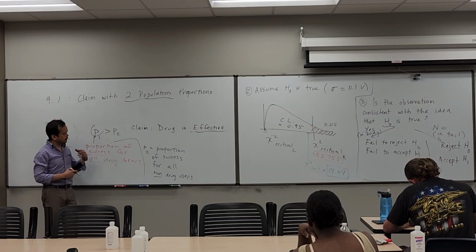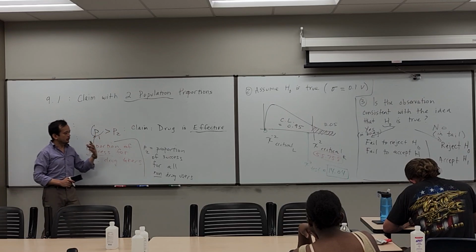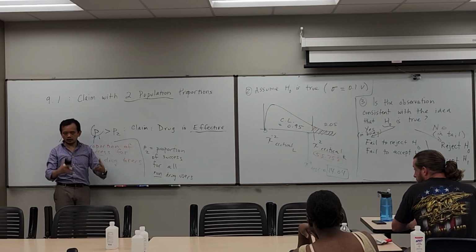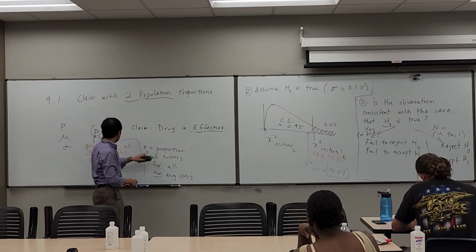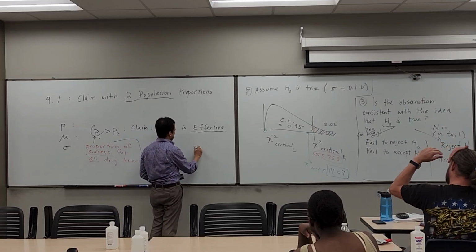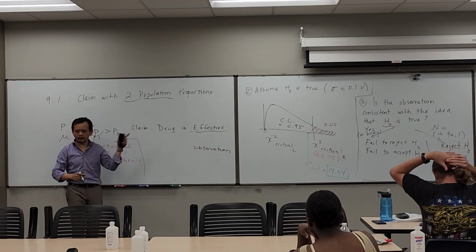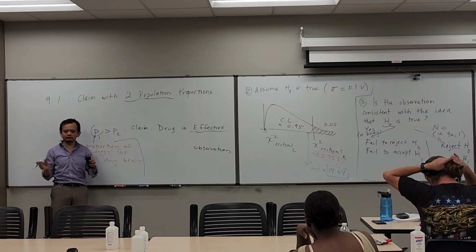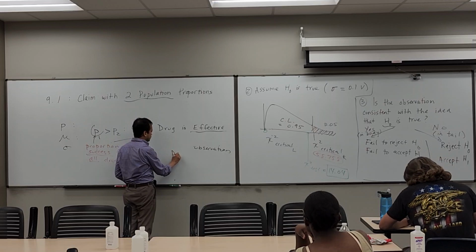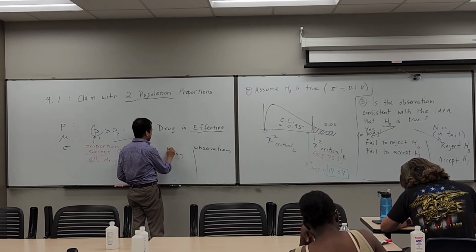Okay, so these are the statements for the claim that involve population statements. But then remember, we make the conclusion for this claim based on an observation with one or more samples. So our observation then, instead of one sample to test one population like before, in all the other examples, now we're going to have two samples. So one sample will be the drug group, and let's call this sample 1.